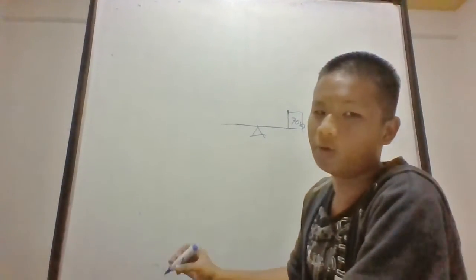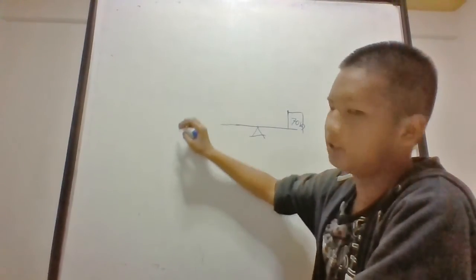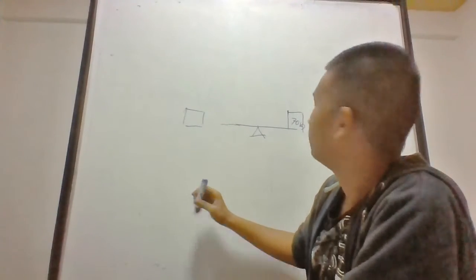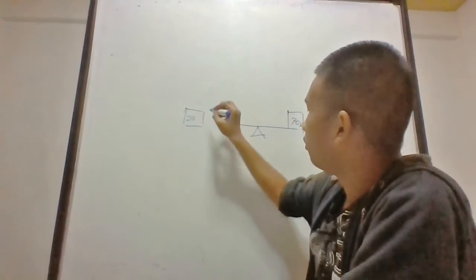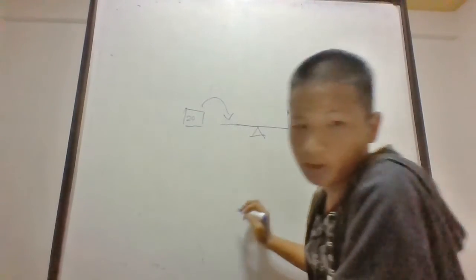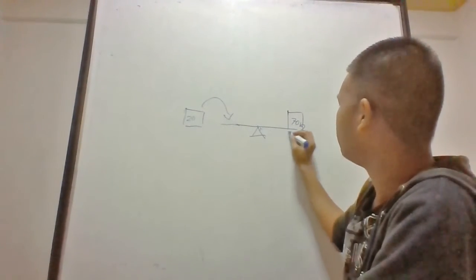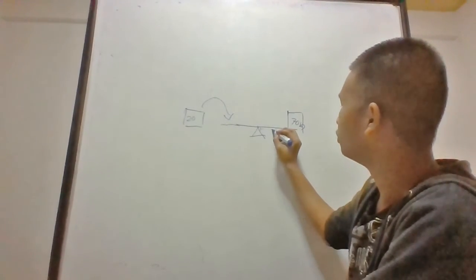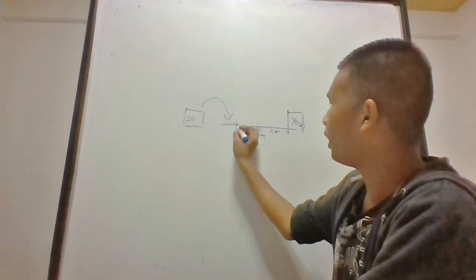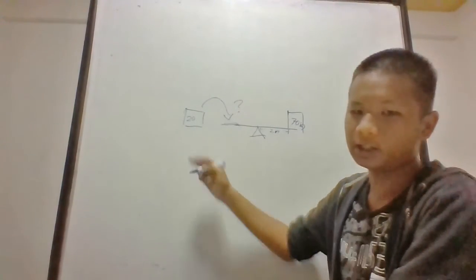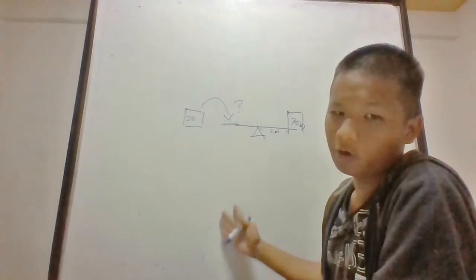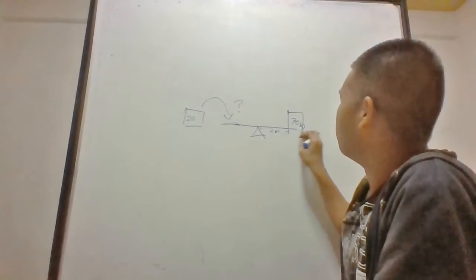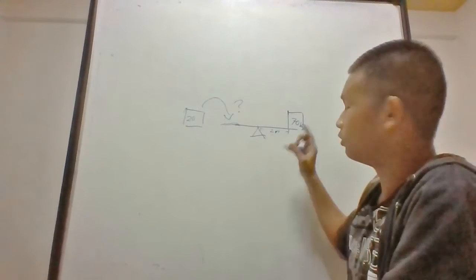Where will the smaller, lighter kid, let's imagine he is 20 kilograms, need to be to balance this heavy kid, 700 Newton? The distance between here, I will say is 2 meters.